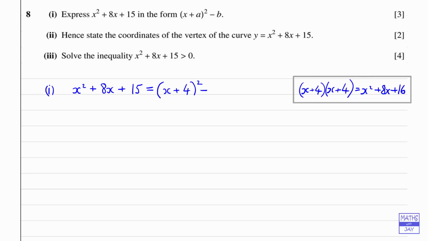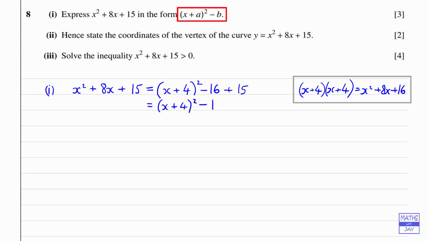So we need to take that 16 away and then add on the 15. In other words, the answer is x plus 4 squared take away 1, because 15 take away 16 is take away 1. So that's the first part done.